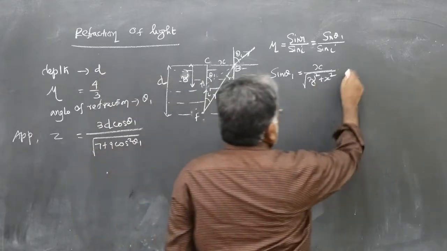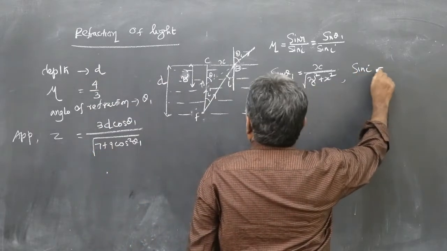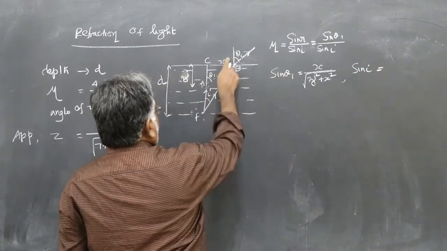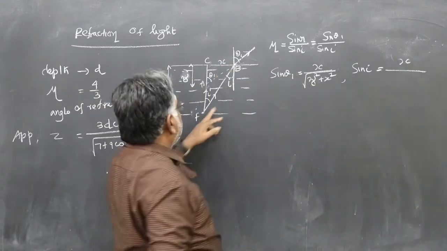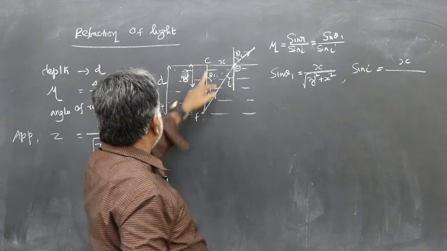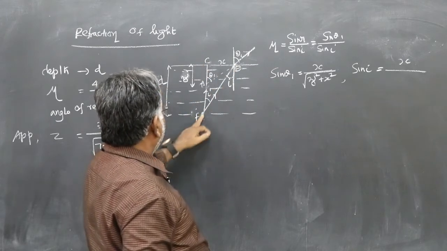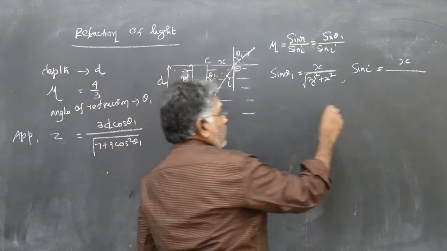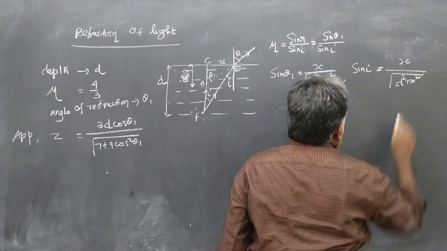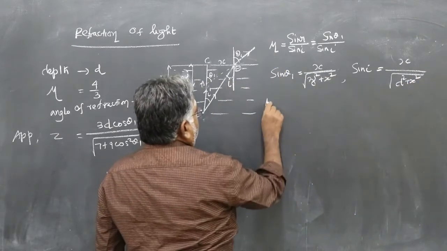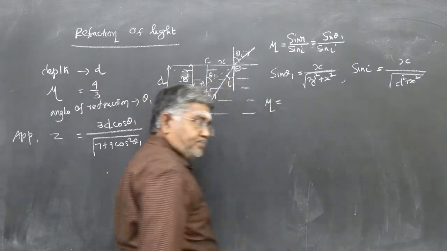Then similarly sin i is x by, this time the hypotenuse is FB, but you can write it as the square root of d square plus x squared. Therefore, finally you can substitute for mu.